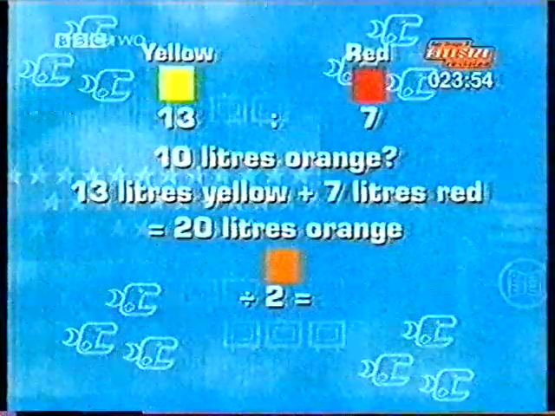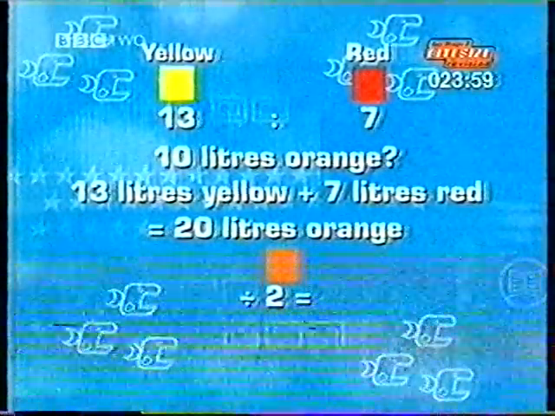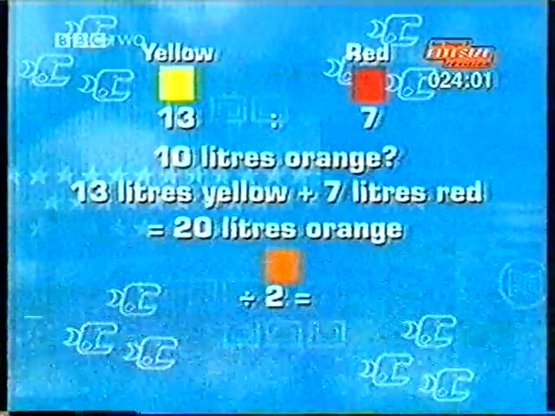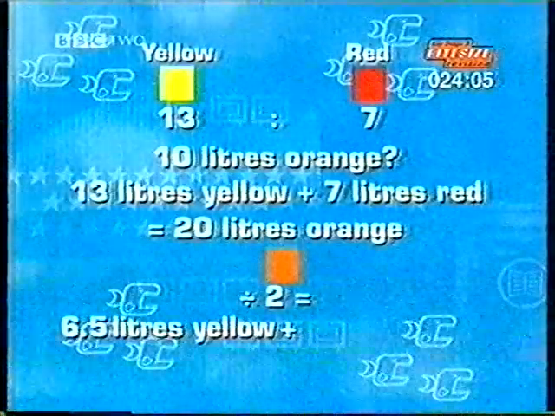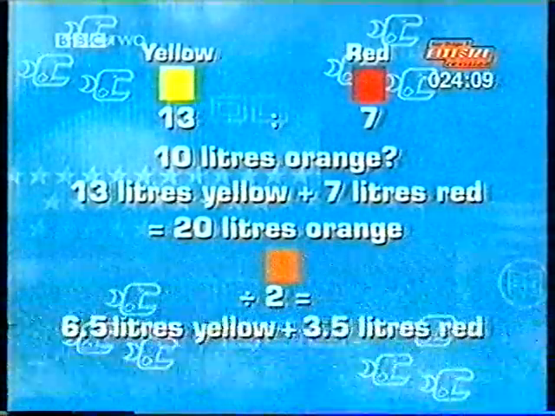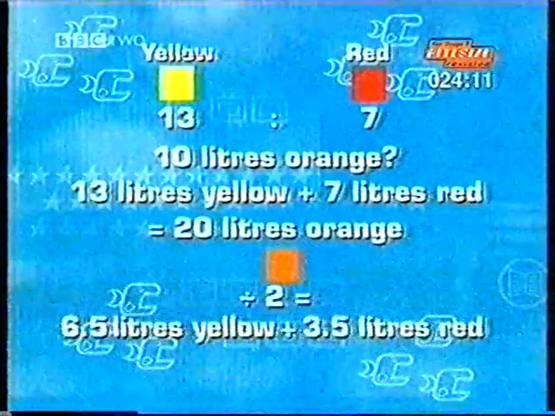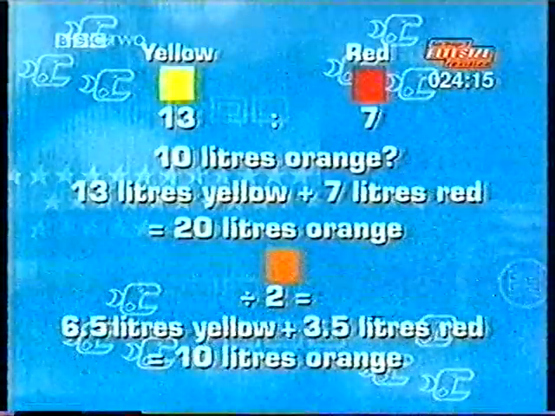So we must need to divide the amount of yellow by 2 and divide the amount of red by 2. That's 13 divided by 2, 6.5 litres of yellow. And 7 divided by 2, that's 3.5 litres of red, altogether to make 10 litres of orange paint as required.